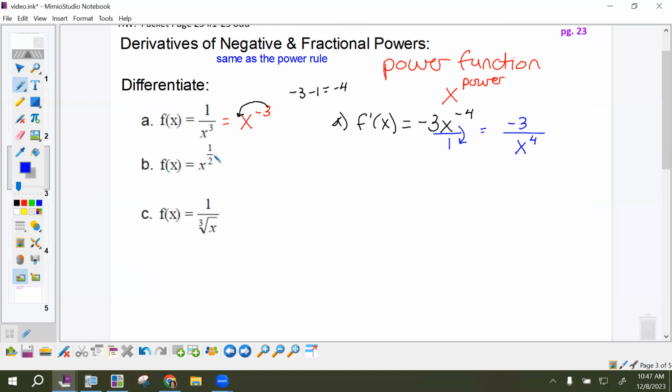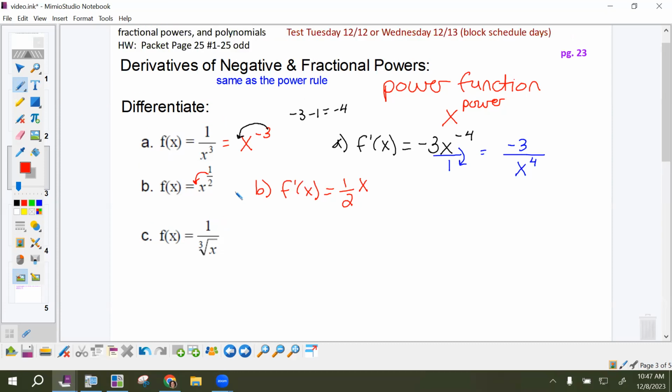For b, we have x to the 1/2 power. So our derivative is 1/2 comes to the front. And then I have to do 1/2 minus 1. Well, I'm going to make 1 into 2 over 2. That's negative 1/2.